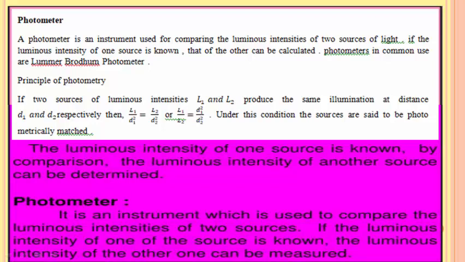Lummer-Brodhun photometer. The principle of photometry: if two sources of luminous intensity L1 and L2 produce the same illumination at distances d1 and d2 respectively, then L1 divided by d1 square equals L2 divided by d2 square, or we can write L1 divided by L2 equals d1 square divided by d2 square.